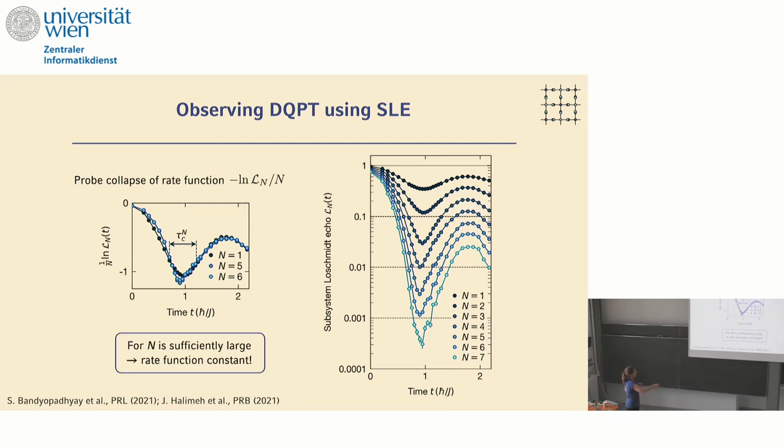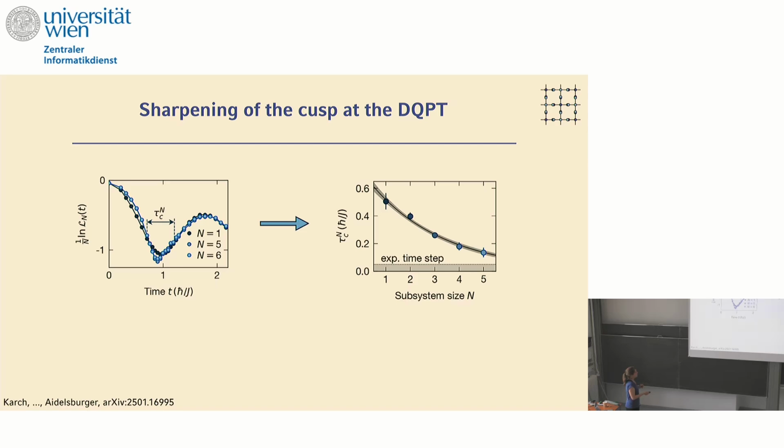What we also see is that n needs to be sufficiently large for this rate function to become constant. So there is a change if you go from very small numbers like 1 to larger, but then at some point it becomes constant, and n is still small compared to the length of the system, which is 40.